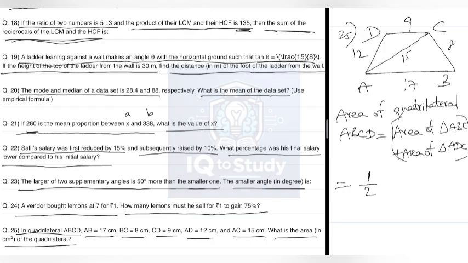So for triangle ABC, its area is 1 by 2 into 8 into 15, plus the area of triangle ADC, which is 1 by 2 into 12 into 9.